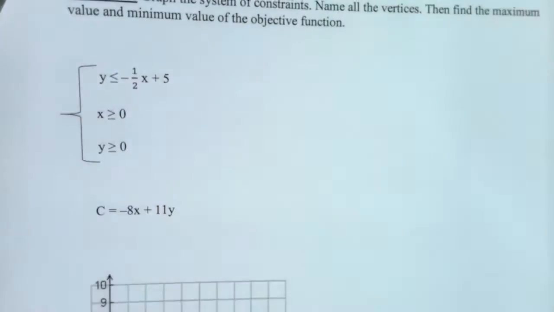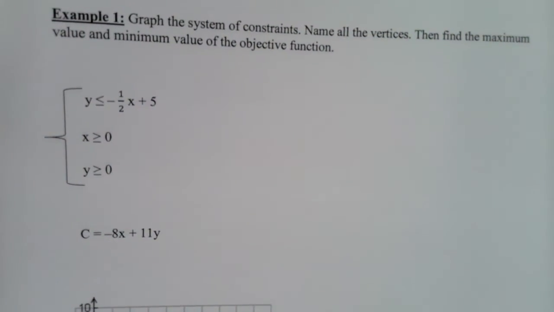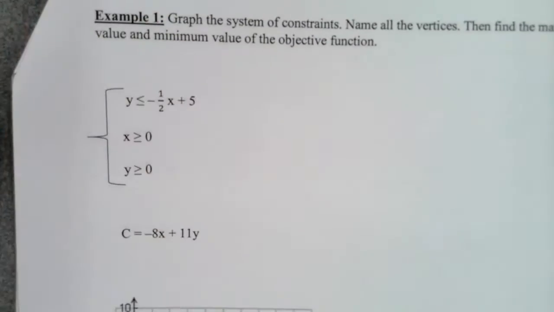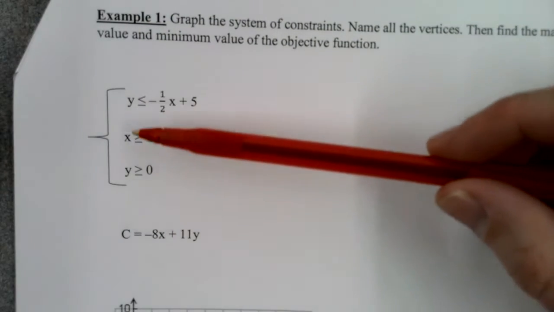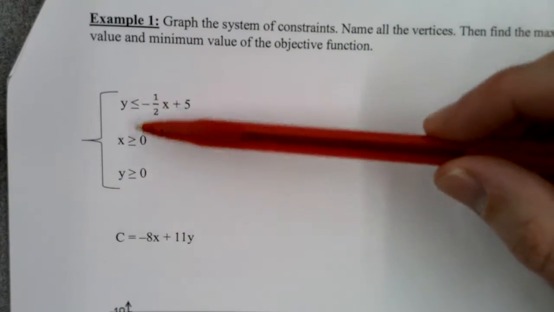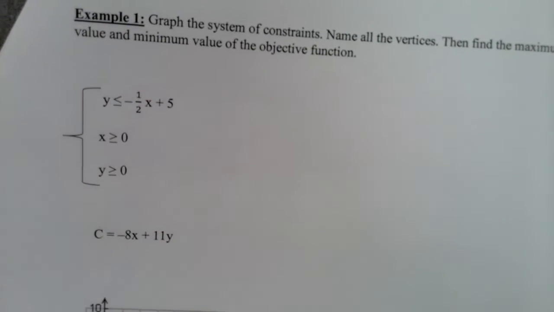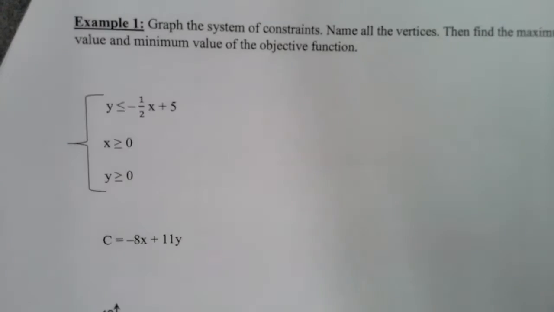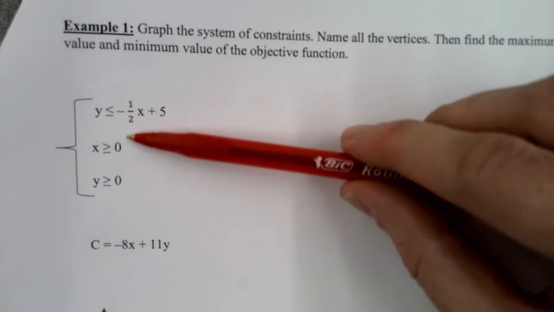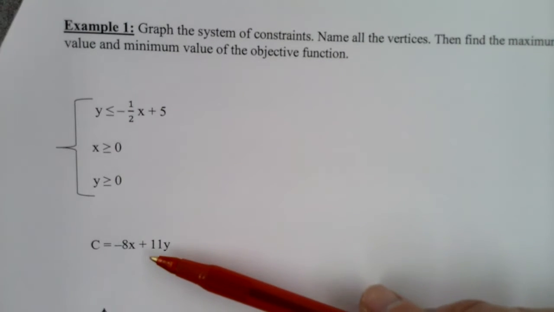Okay, so I have 4 examples today. Here's example 1. Graph the system of constraints. These are the constraints, the inequalities, and this is called the objective function.